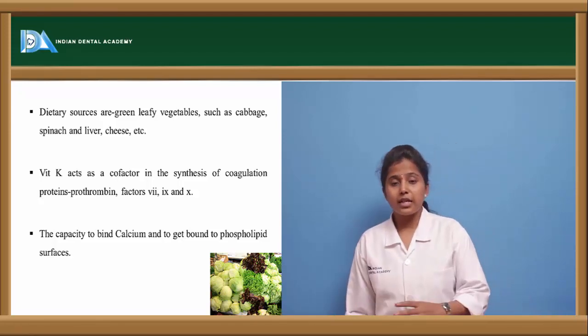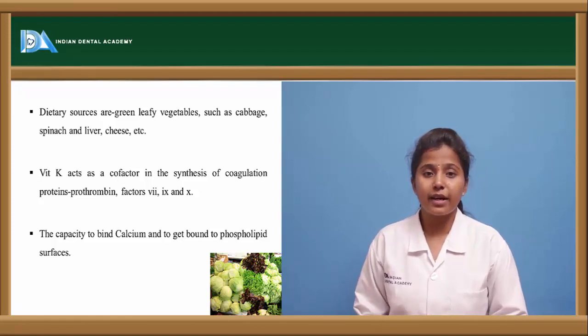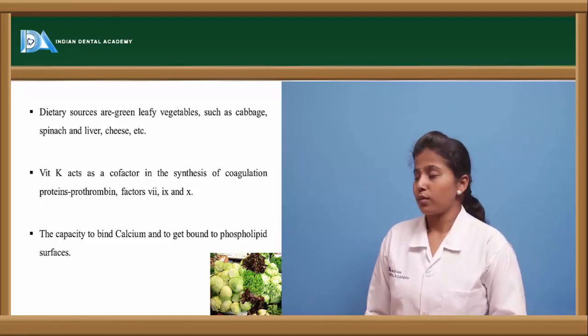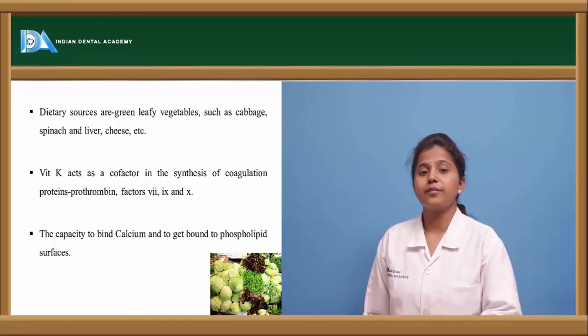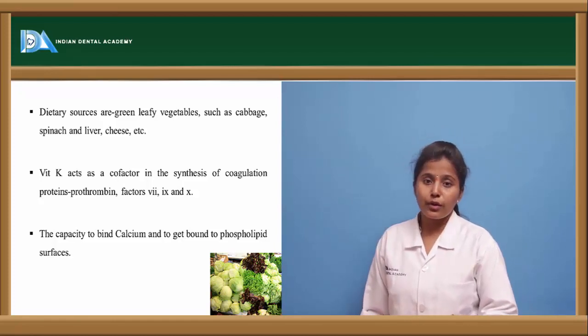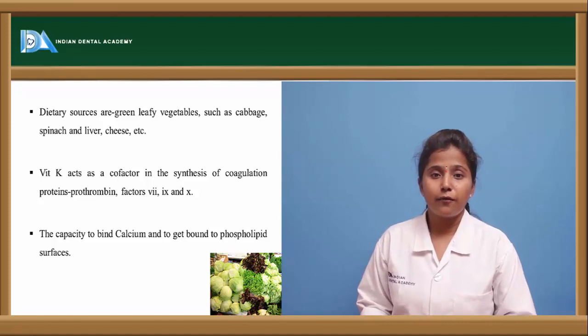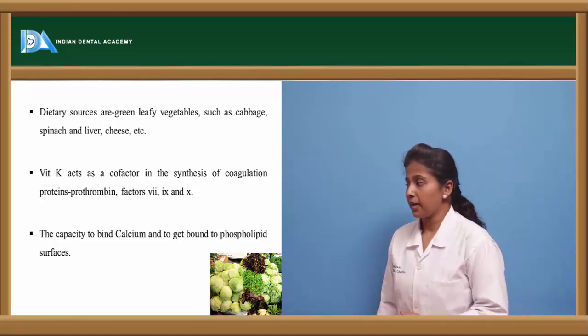Apart from these, it also plays an important role in the formation of other factors like 5, 11 as well as 12. But the major synthesis occurs for factors 7, 9 and 10.